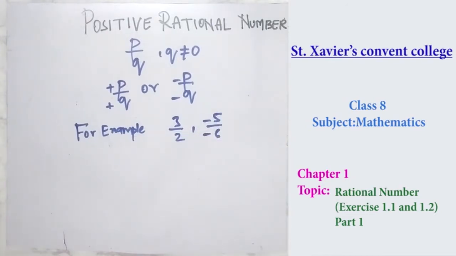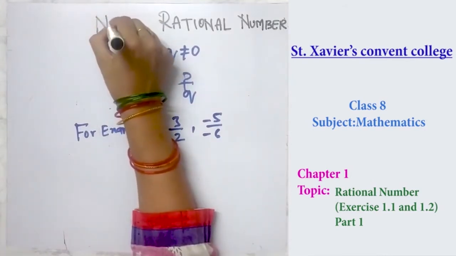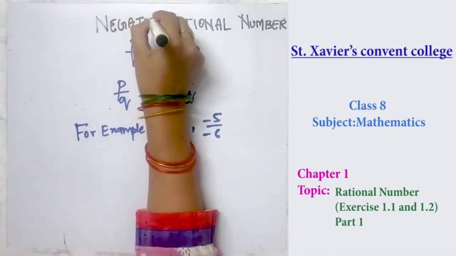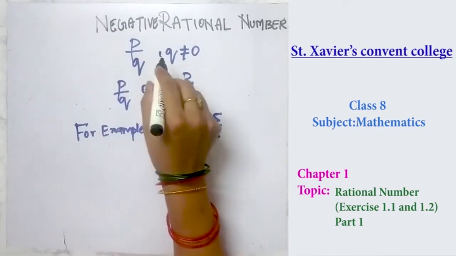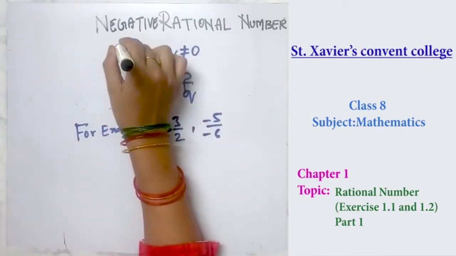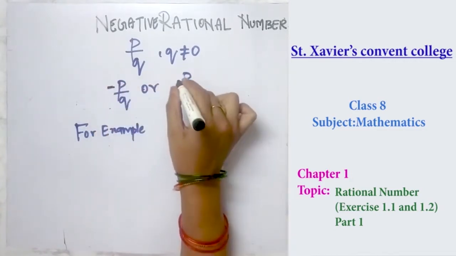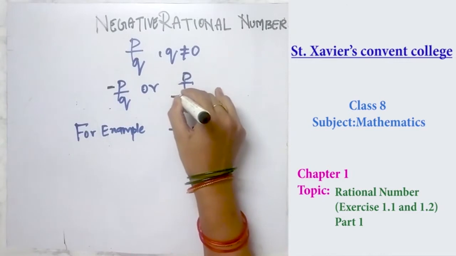Another one is the negative rational number. In this, you have a negative sign either in the numerator or in the denominator.